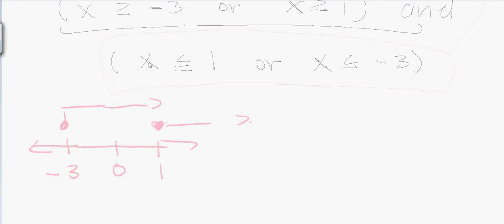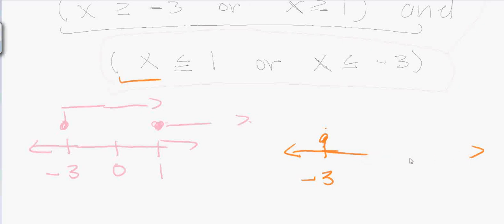And then if you graph this right here, you would get negative 3, also a closed circle, going the other direction, and you'd have 1 also going the other direction.